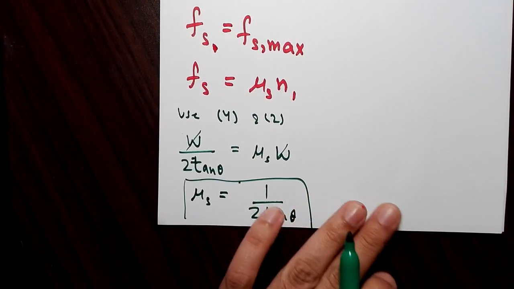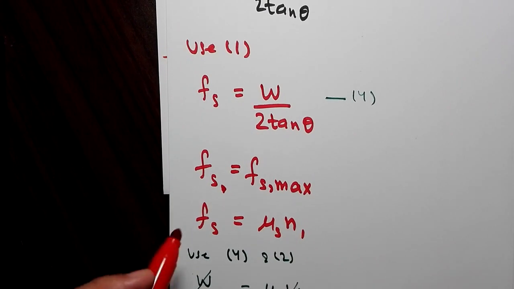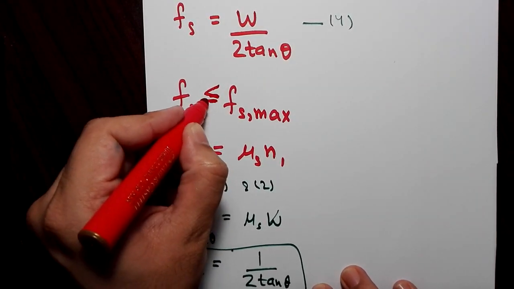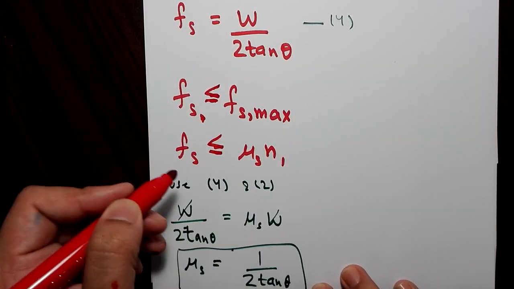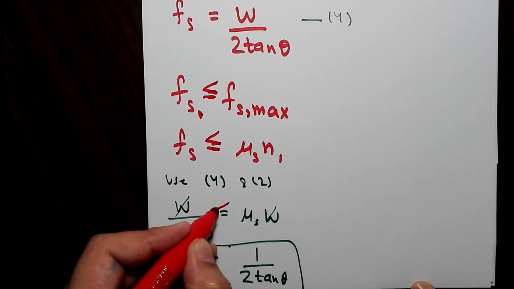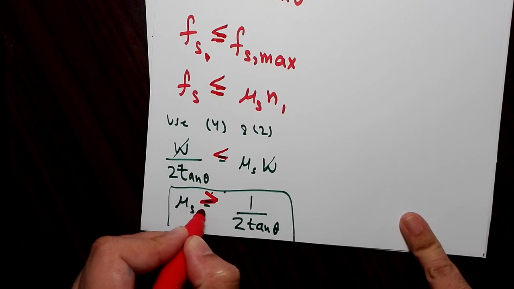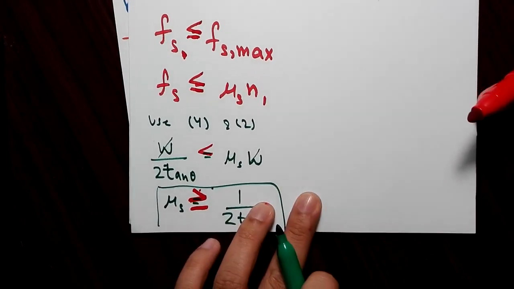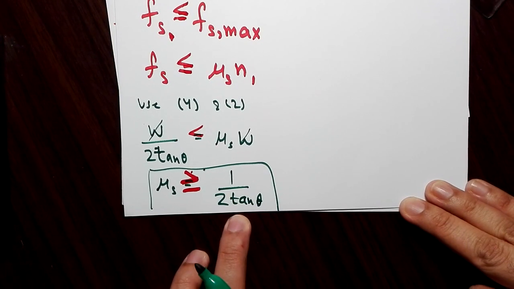If you would like a condition as an inequality, in general Fs is less than or equal to Fs max. So you plug that in, and you get mu s is greater than or equal to 1 over 2 tangent theta.